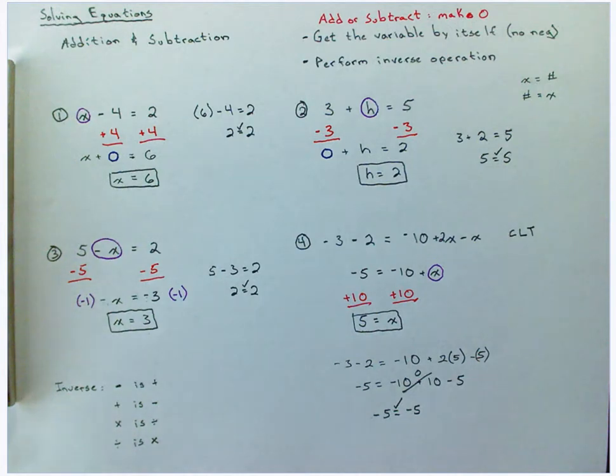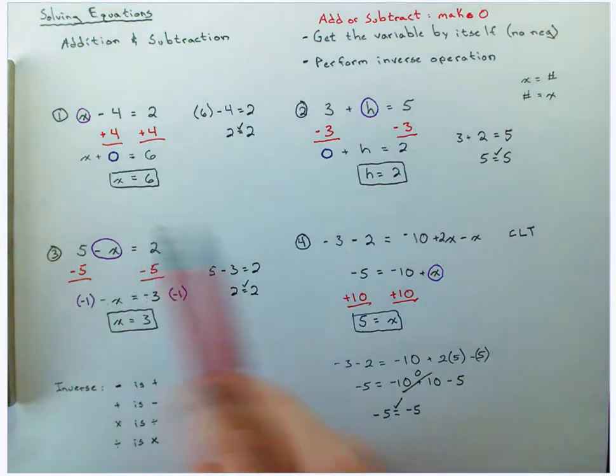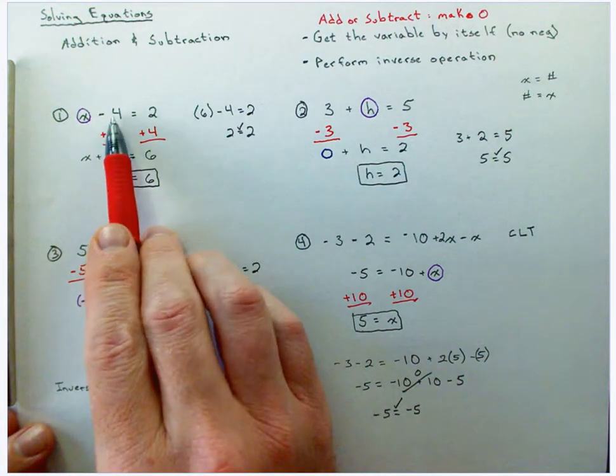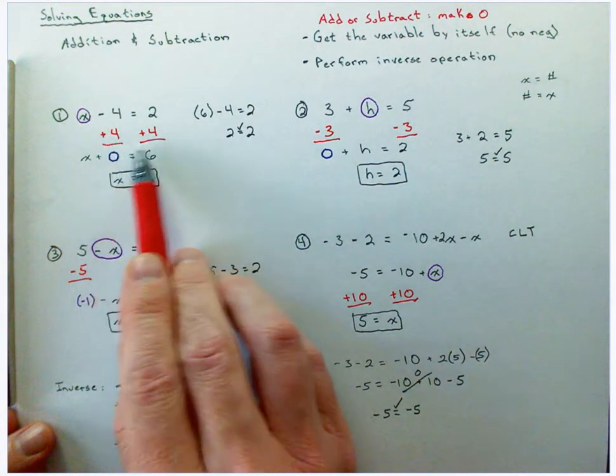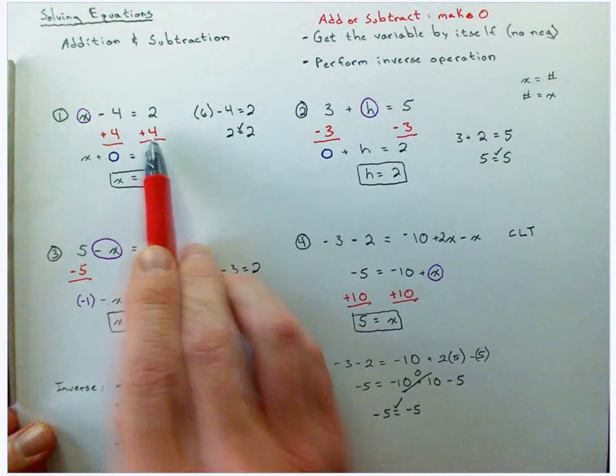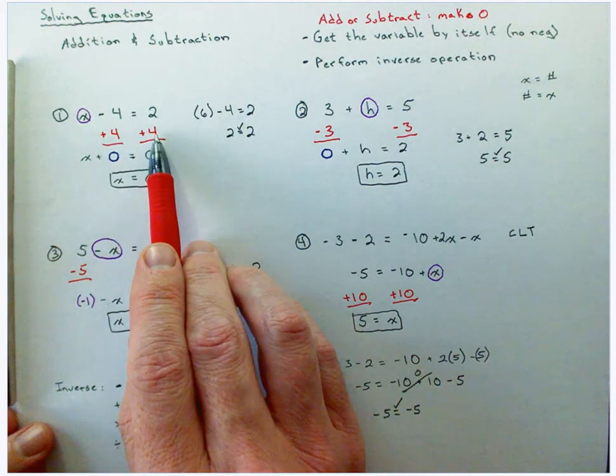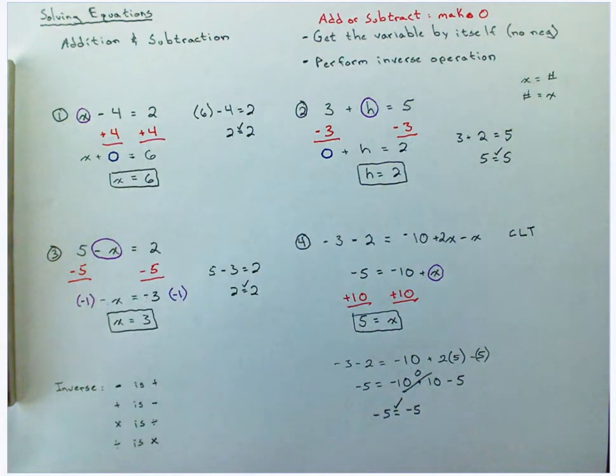And in essence, I should point out that I took this 4, and actually what I did was I moved it over here. I made it go away over here and I put it over here. I do that by performing the inverse operations. I look and say, is that a positive 4 or a negative 4? And then I do the opposite of it.